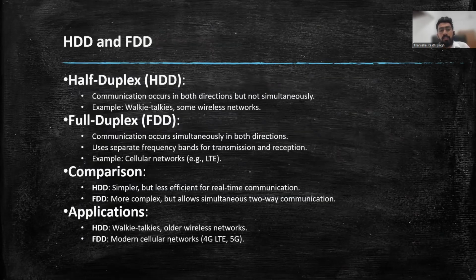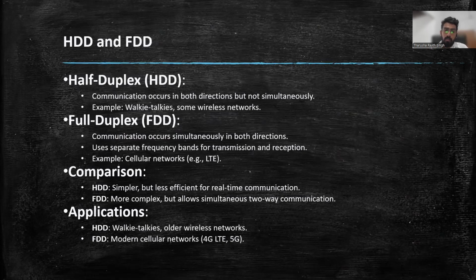So now let's discuss half duplex and full duplex. In half duplex communication, communication occurs in both directions but not simultaneously. This means that devices can either transmit or receive data at any given time, but not both at the same time.